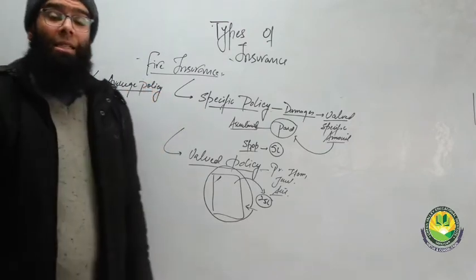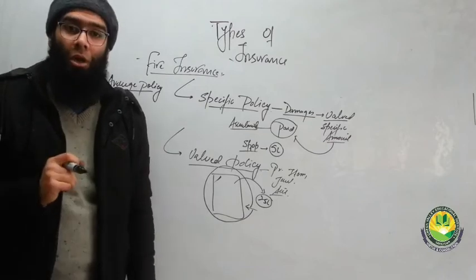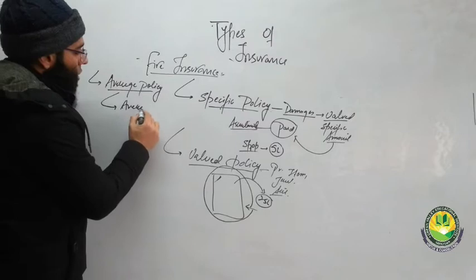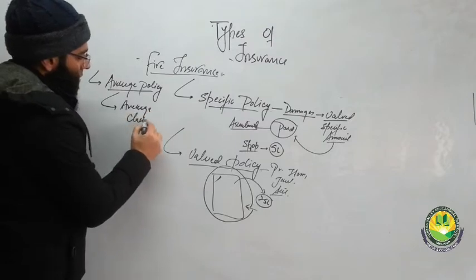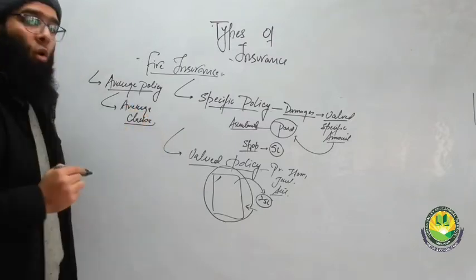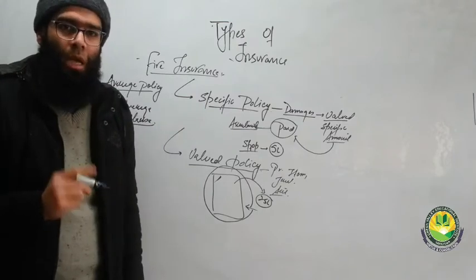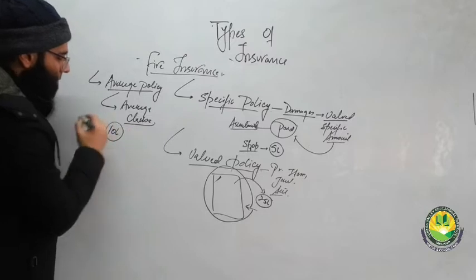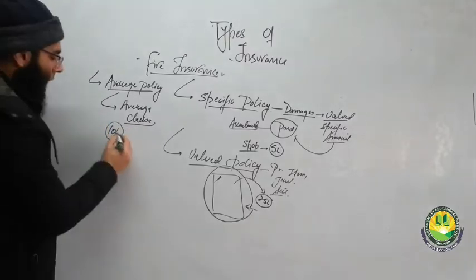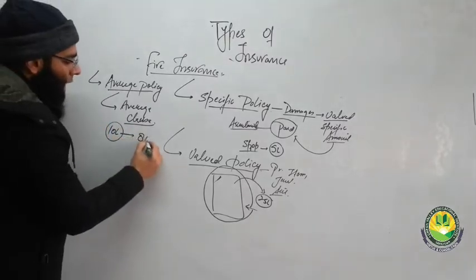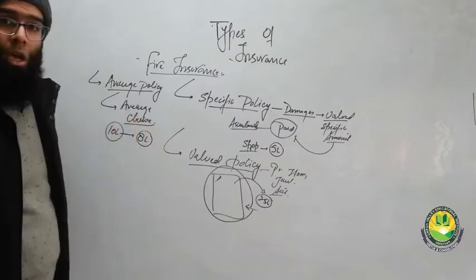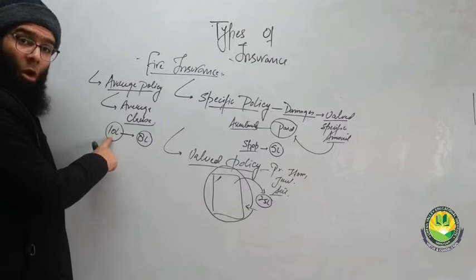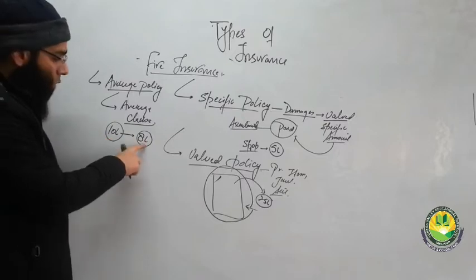Average policy is a specific or a special type of policy wherein the policy contains an average clause. And what do we mean by average clause? Supposedly, my property is worth rupees 10 lakh and I insured it for 8 lakh. So you can see that the value of the property is 10, but the value of the policy is 8.